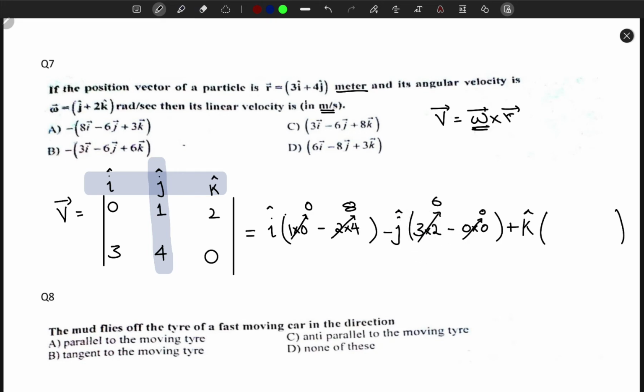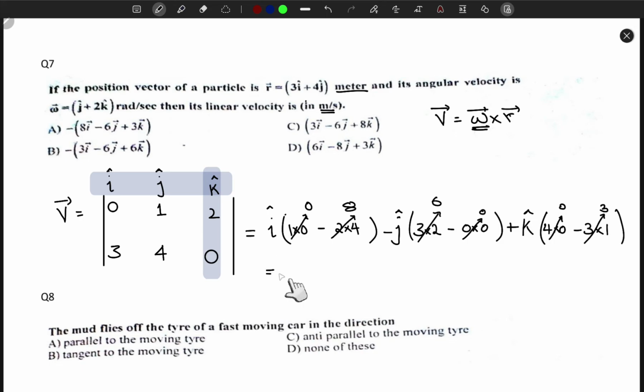And now similarly, if I were to do this for the k component, I'll do the same thing. I'll ignore this column and, like always, this row. So these will be ignored and we are left with 0, 1, 3 and 4. So the determinant would be 4 times 0, which is just 0. And then we have minus 3 times 1, and this is 3.